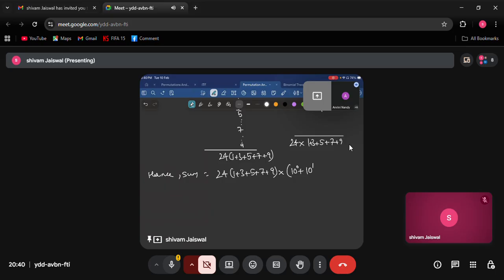Yes, sir. Actually, wait a minute. You will understand more. Multiplied by 10 to the power 0 for the units place, plus 24 into this whole thing for the tens place, multiplied by 10 to the power 1. Yes or no?